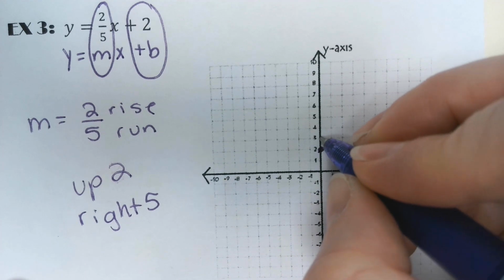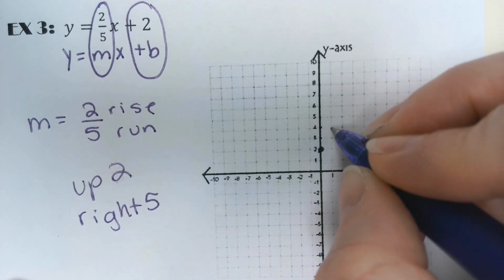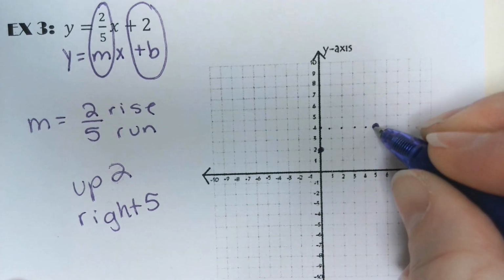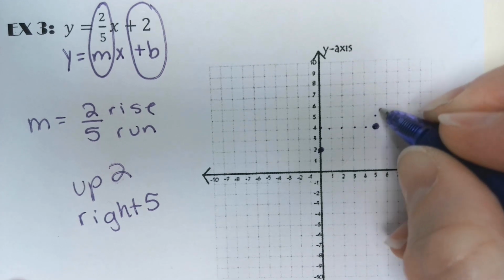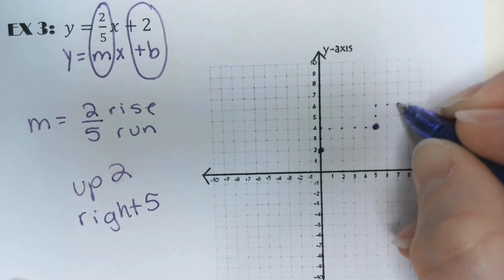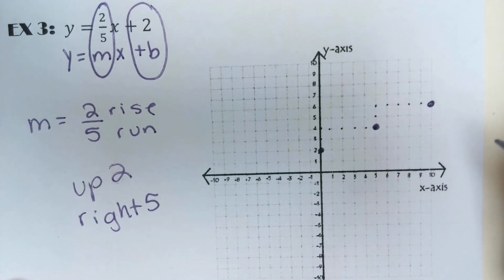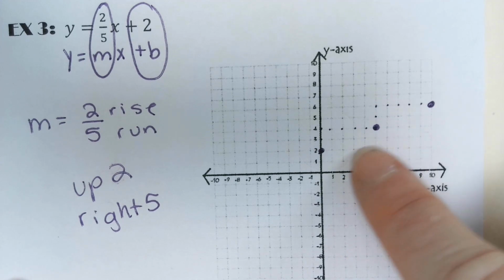Up 2. 1, 2, right 5. 1, 2, 3, 4, 5. Then do that again. Up 1, 2, right 5. 1, 2, 3, 4, 5. So see how these are all in a line? They should be.